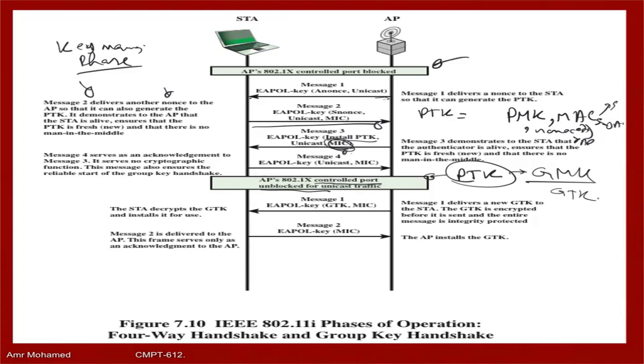So here the access point delivers a new group transient key. This group transient key is based on the group master key, and it gets sent to the stations.